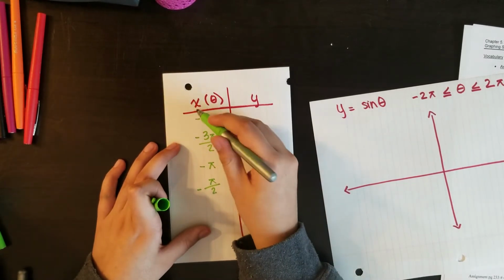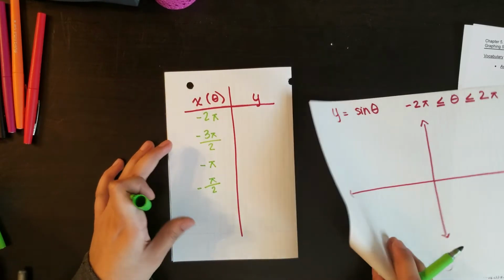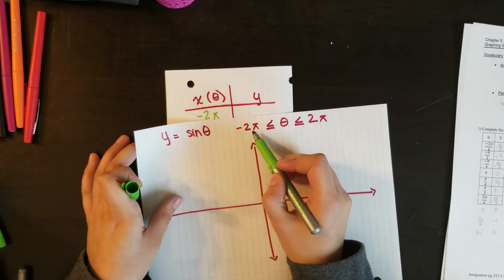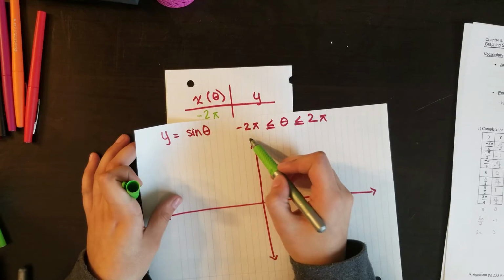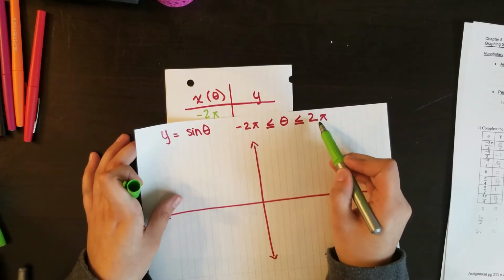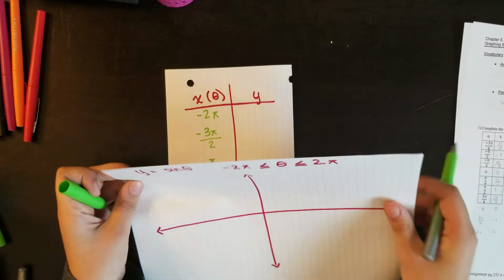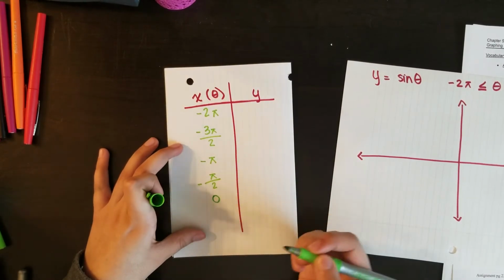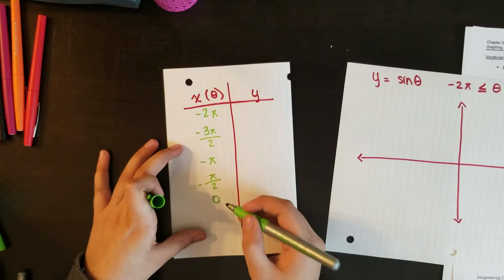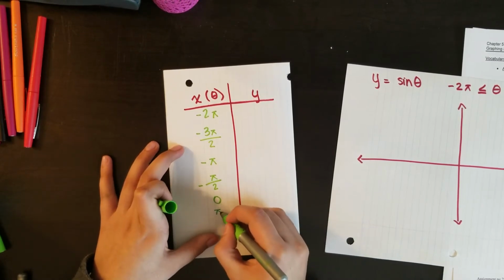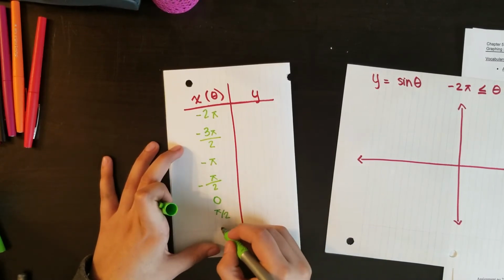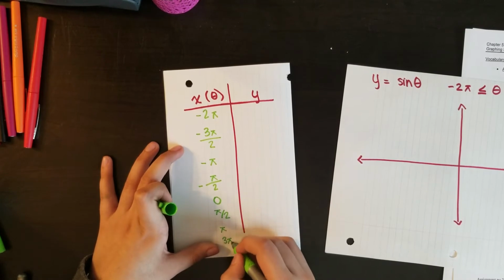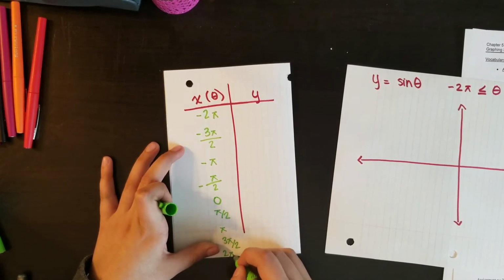It's negative because I'm going clockwise, because in my restriction, I have to go clockwise 1 full rotation, and I have to go counterclockwise 1 full rotation. So after negative 90 degrees, I'm going to have 0, and now I'm going counterclockwise. So I'm going to have pi over 2, pi, 3 pi over 2, and 2 pi.